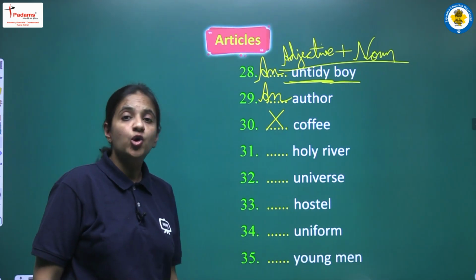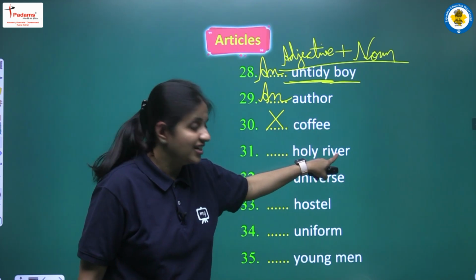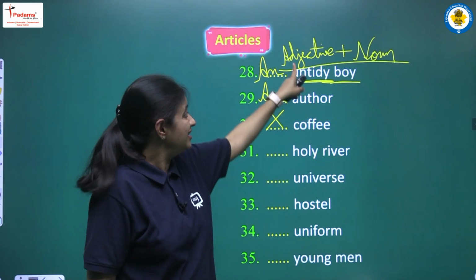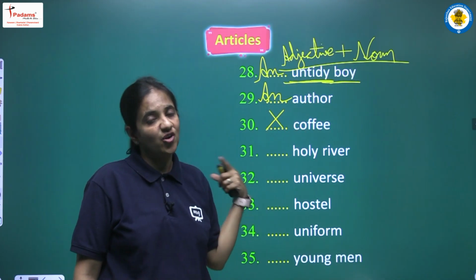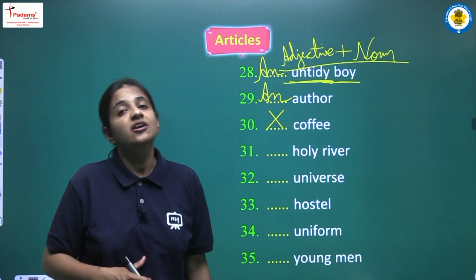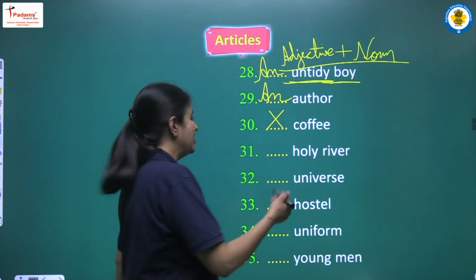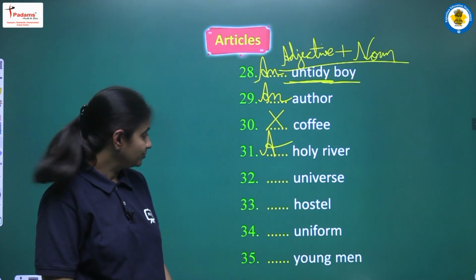Next we are having holy river. Again holy, this is the adjective, but after adjective noun is also given to us. So again this is a combo of adjective plus noun. So we can use article here according to the sound. Because we are having holy, we are having consonant sound, so we have to use a here. So it will be a holy river.